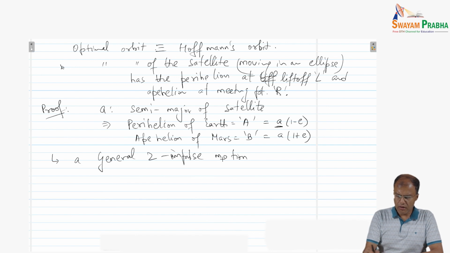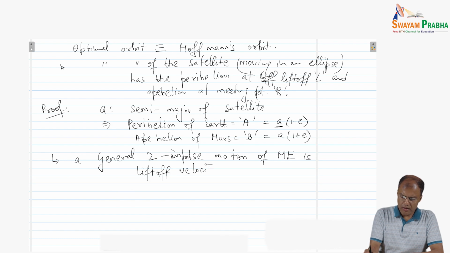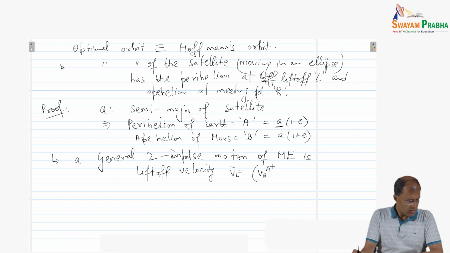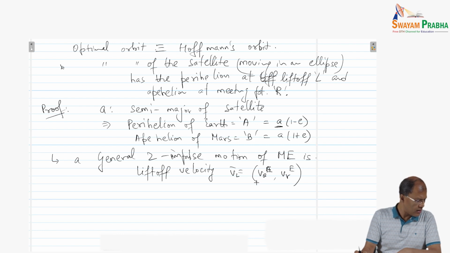So the general two impulse motion of ME, the transfer orbit, is where we have the liftoff velocity VL equal to V theta of E and VR of E. So the liftoff is occurring from Earth, and these are my two components, V theta and VR.